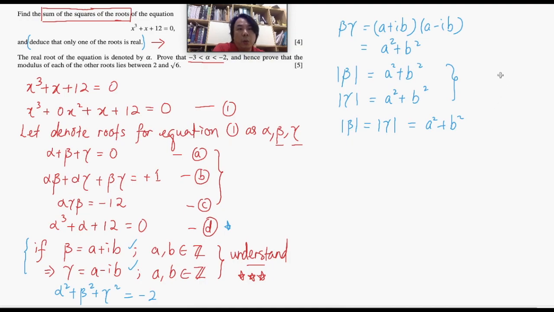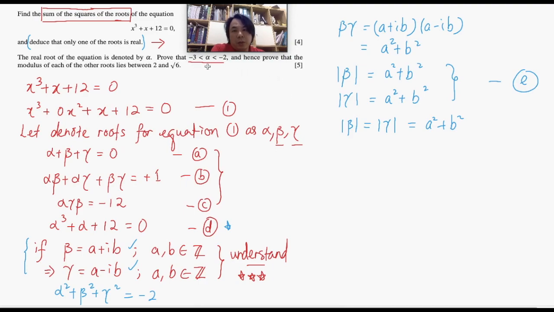Alright, now we're going to make use of these extra properties to help us prove that the modulus of each of the other roots lies between 2 and square root of 6. Okay, how am I going to do this?